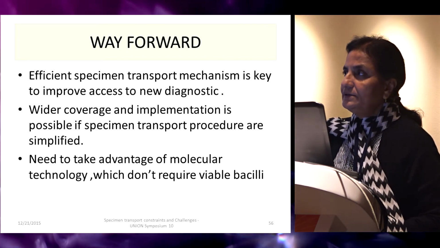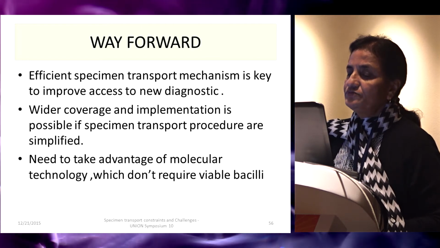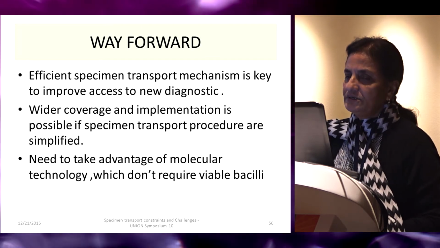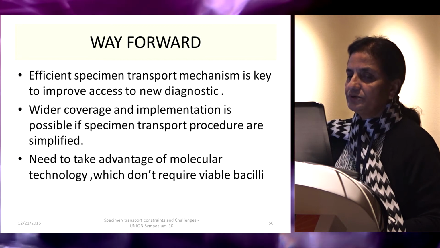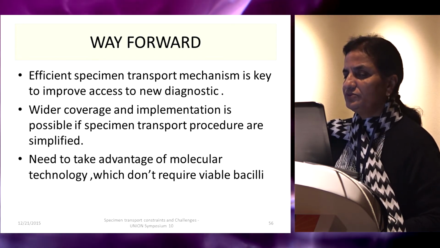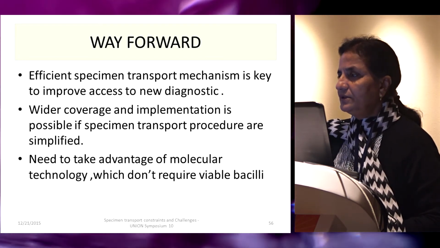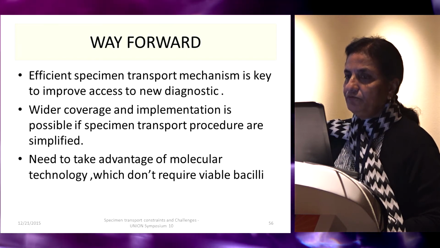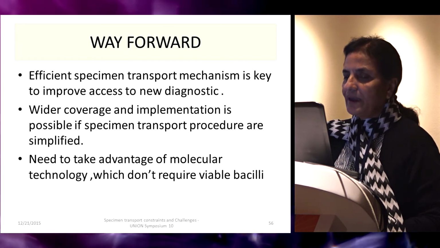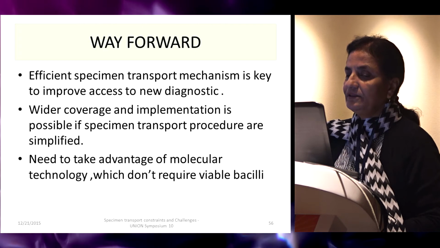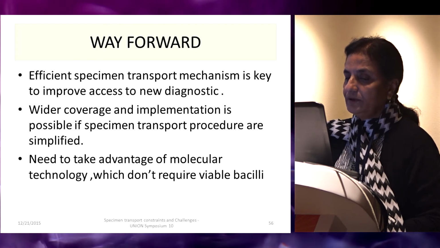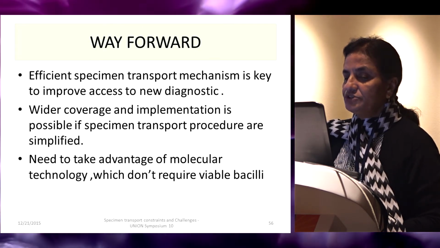For specimens being transported for culture and DST, we need to reduce the transport time and simplify the specimen transport. We need to eliminate the need for cold chain, and add some additive or preservative which could maintain the viability of MTB for up to a week, and which should work well with MGIT, solid culture, and molecular tests.